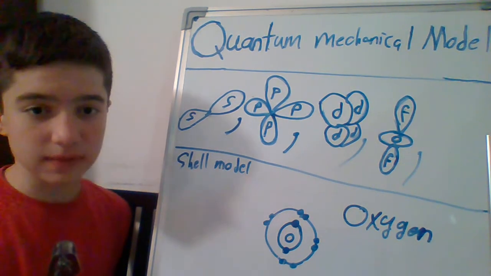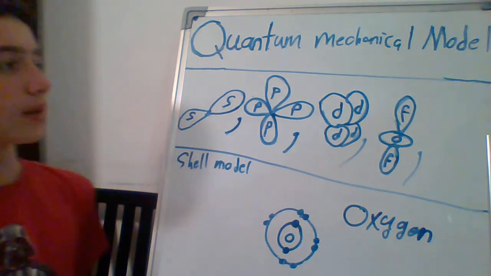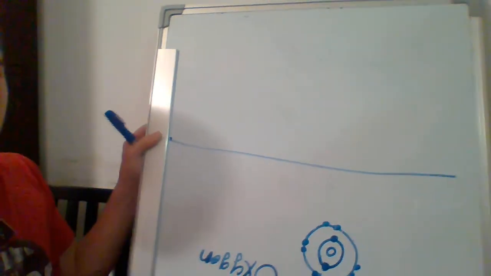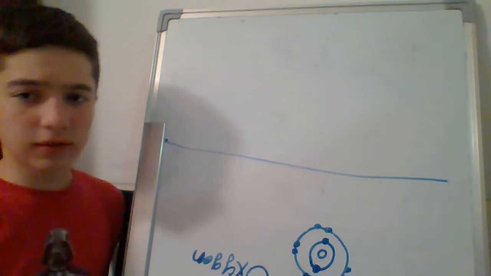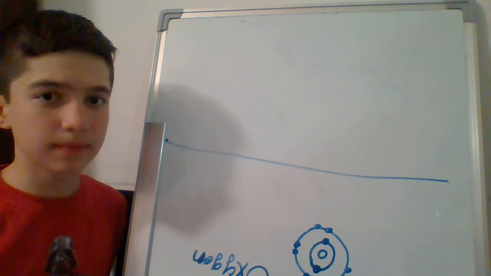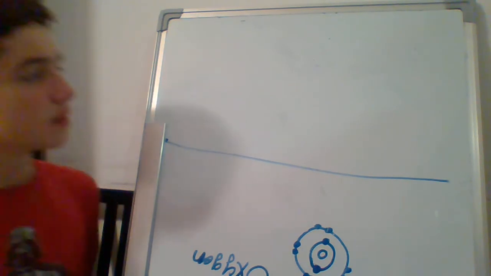When we're talking about the quantum mechanical model, we should talk about the quantum numbers. Let me flip the board here so I can talk about it. Do you know what the quantum numbers are, and can you tell me them with their symbols? You're right.